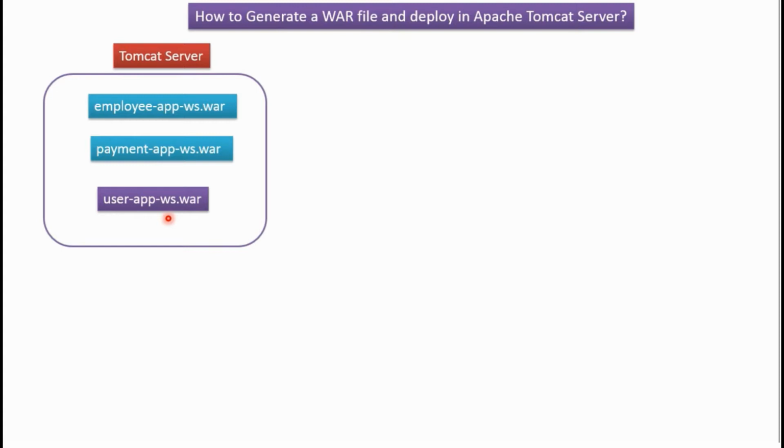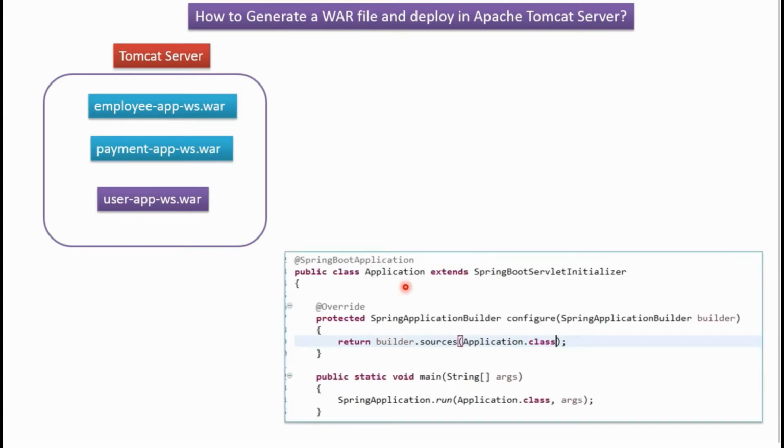We will see how to generate the WAR first, then we will see how to deploy the WAR file in the standalone Tomcat server. Before generating the WAR file, we have to make some changes. The first change is in the class which has the main method, which is the application class. Here we have to extend SpringBootServletInitializer, and we have to override the configure method like this.